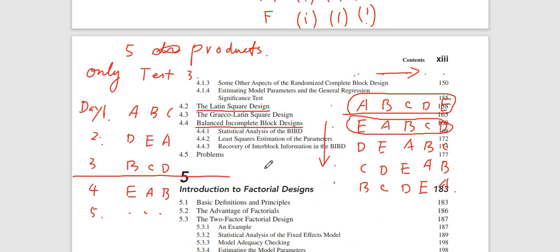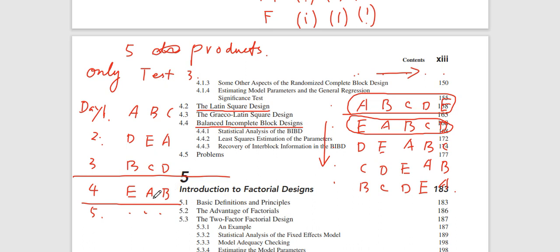I need to test each one the same number of times. Also, if each day I need to test 3 and I just test E, without A and B, then I waste my resources.